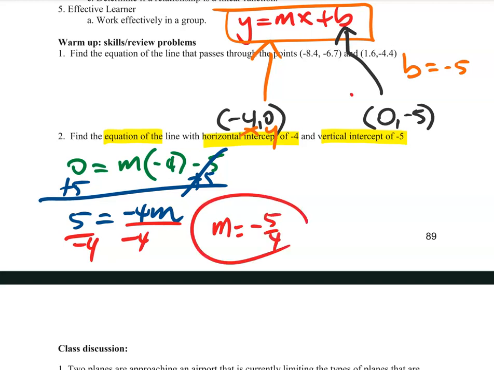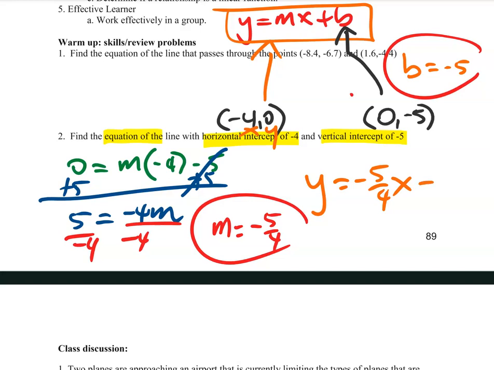So you have m and b. Now you can write the equation of the line. So y equals negative 5/4 x plus b. Your b is negative 5, so that is minus 5. So this is the equation of the line. Okay, so just don't forget horizontal intercept, that is when y is 0, and vertical intercept, that is when x is 0.